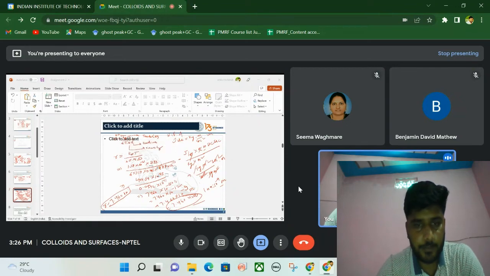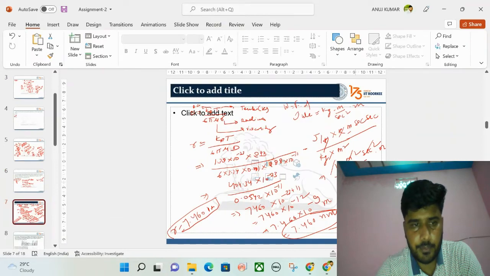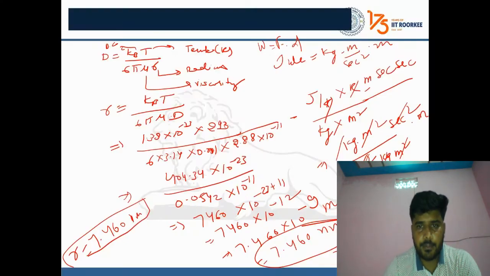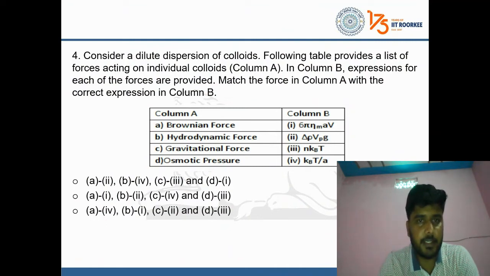It is a simple thing, and I am just going to the next question. This is basically a theoretical question. You have to just match column A to B, and the expressions for each of the forces are provided here in column B. During theory sessions, you have already studied the Brownian force, hydrodynamic force, gravitational force.